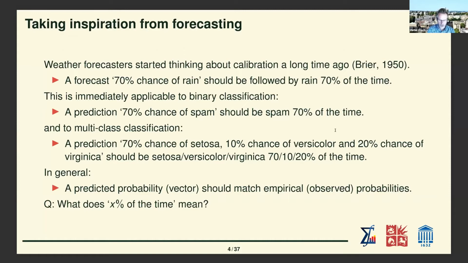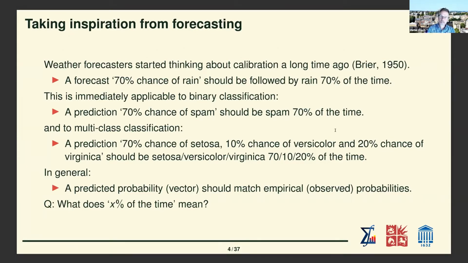There is also spatial uncertainty. These are not the things that we are concerned with. So we assume that rain is a binary thing. We won't talk about the spatial temporal uncertainty. But if a forecaster says 70% chance of rain, it should be followed by rain 70% of the time. And we'll make that a bit more precise.